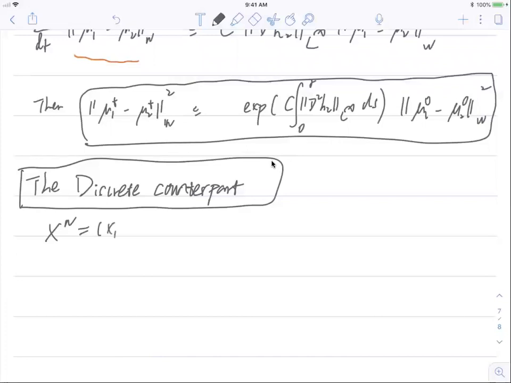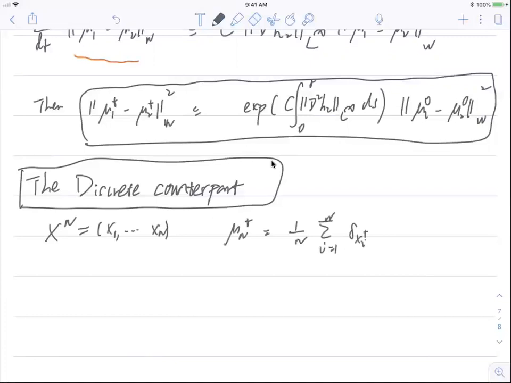So x1 to xn, right? And again, the empirical measure is just 1 over n sum over i. So is this, right?